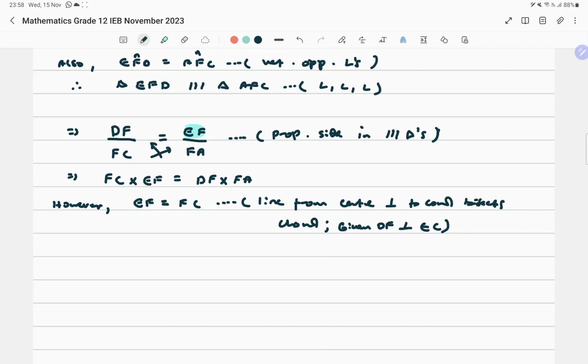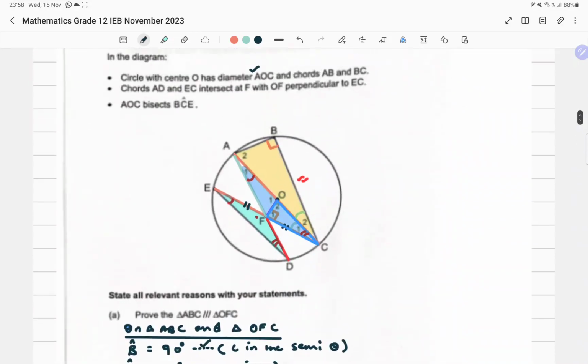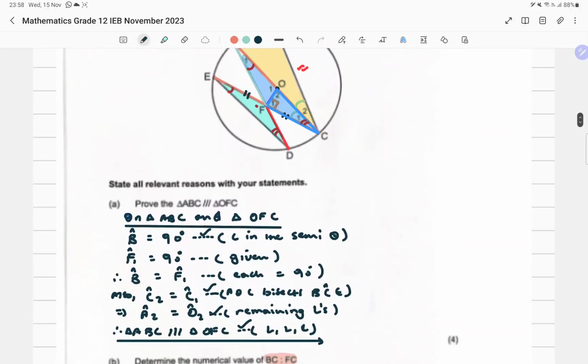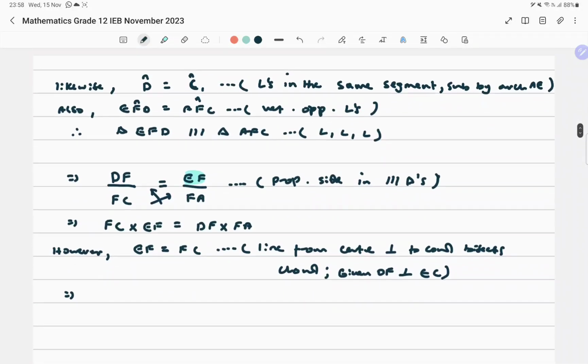All right, so now this implies instead of FC, we can write, let's see, where is FC anyway? Yeah, we can write FC twice instead, because FC is what we know from above.